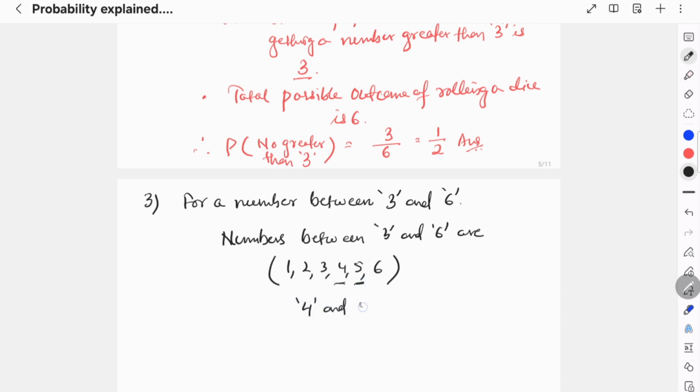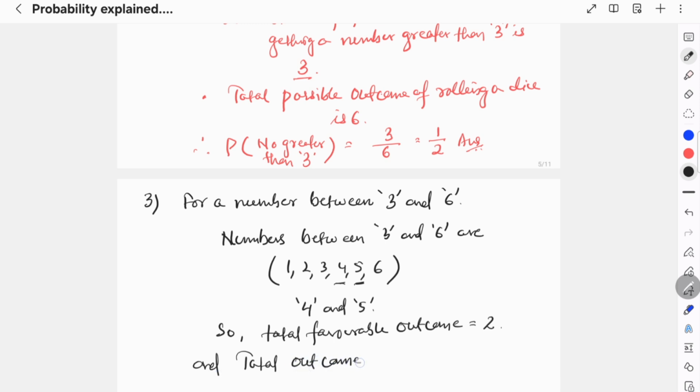We get 4 and 5 are the numbers which lie between 3 and 6. So the favorable outcome for a number between 3 and 6 is 2.